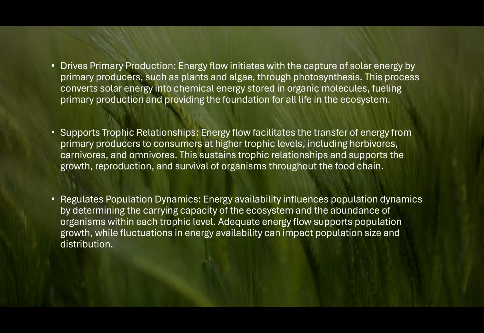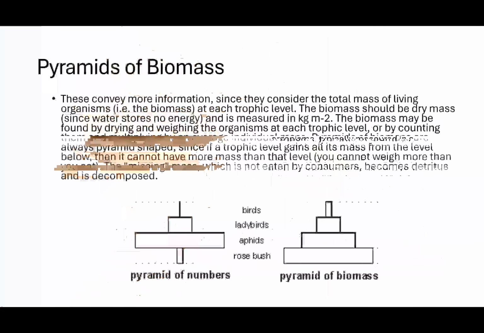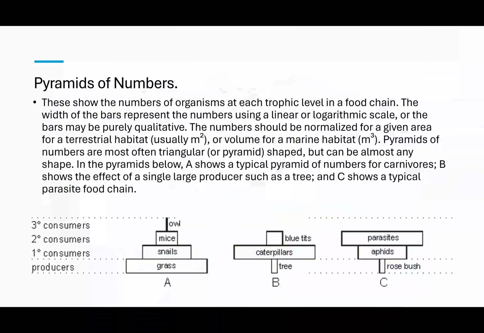So the energy availability influences population dynamics by determining the carrying capacity of the ecosystem and the abundance of organisms within each trophic level. So notice how as you go up the trophic levels, the number of organisms gets considerably less. And we can note that through pyramids of number, right? Generally in this case, section A here, that pyramid of number there.